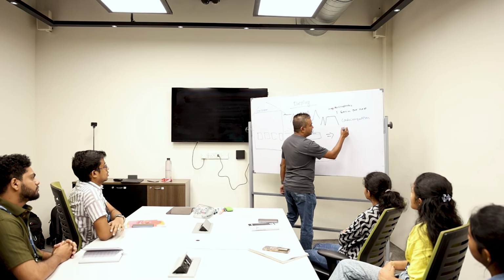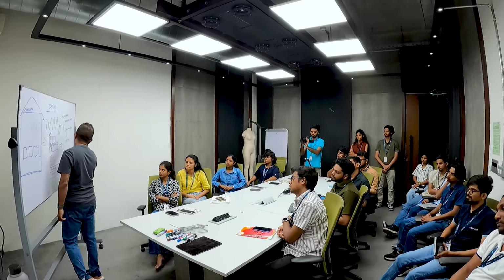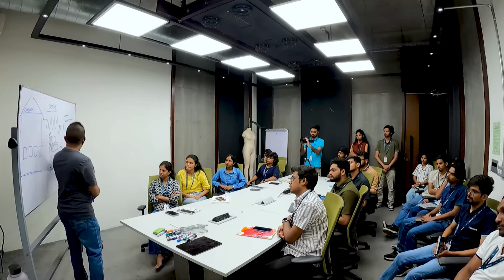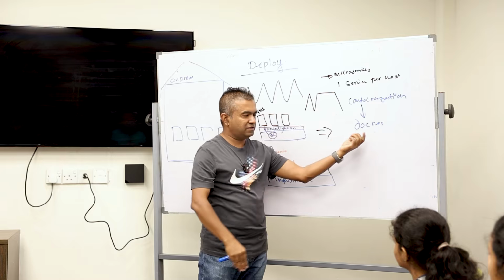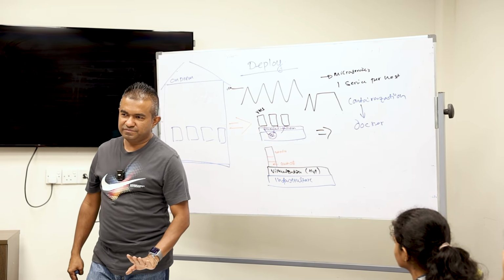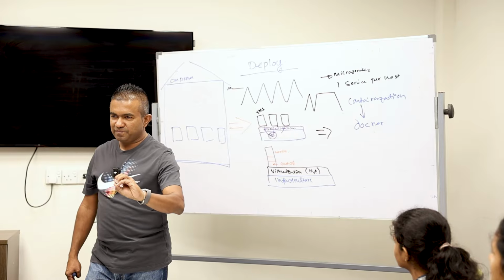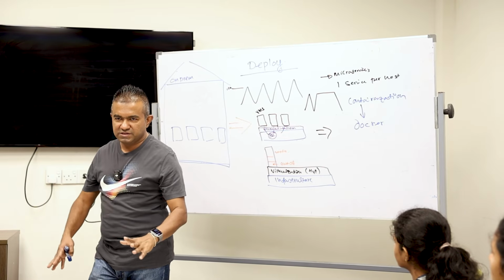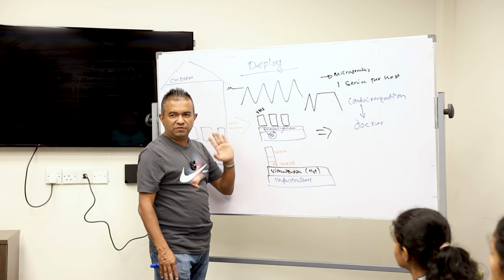With that, a technology called Docker emerged. Docker is nothing but the next evolution of the VM. It's not a VM, but it's virtual. You don't have a physical box. It's 100% virtual, but it is not a VM.